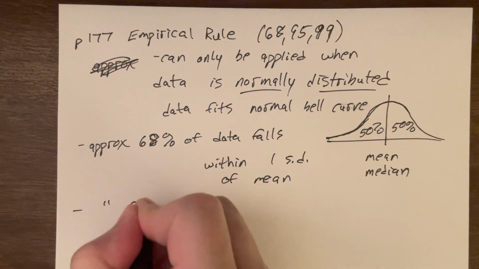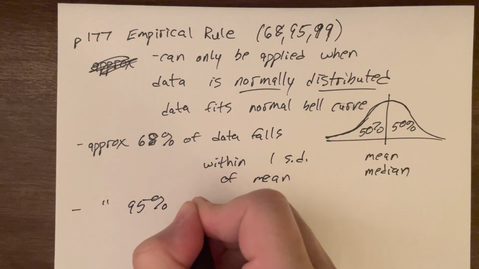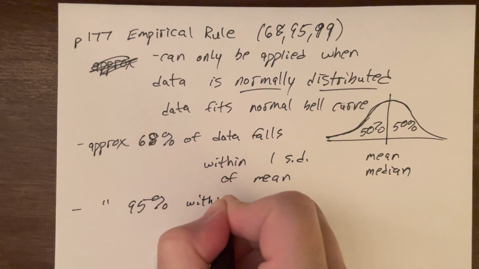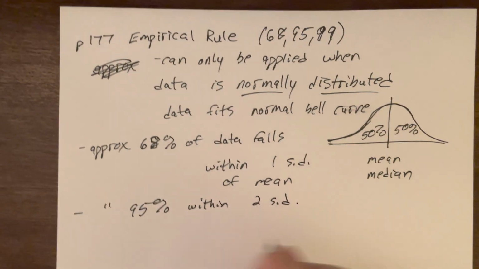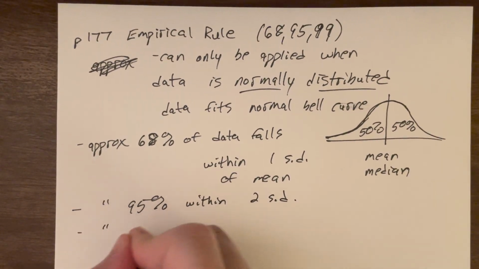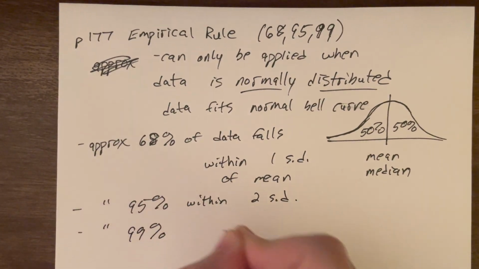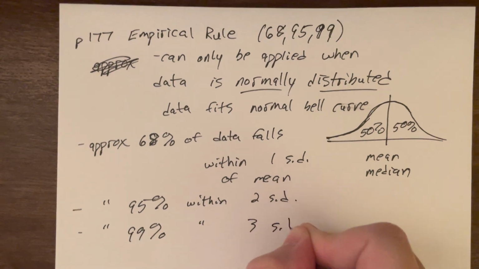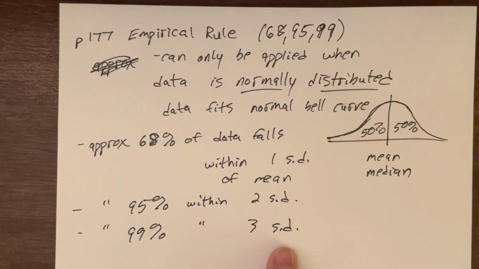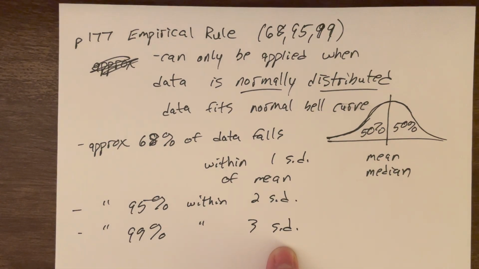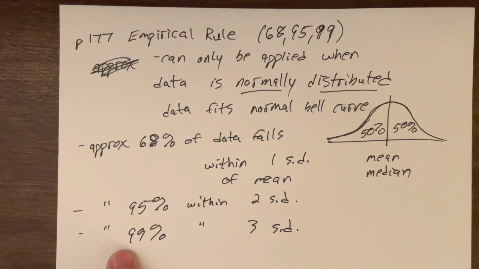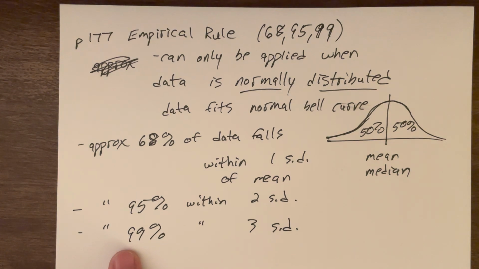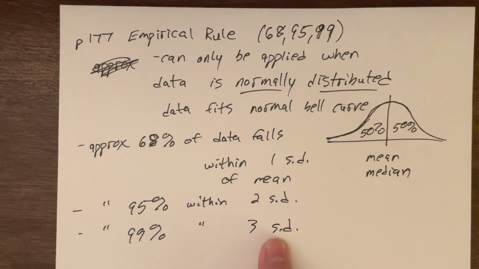Then we go up to 95% if you're within 2 standard deviations of the mean. And then we go up to 99% within 3 standard deviations of the mean. The book actually shows it's 99.7%.